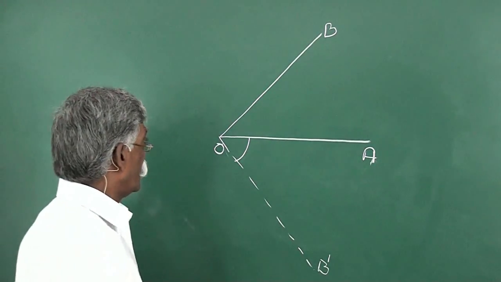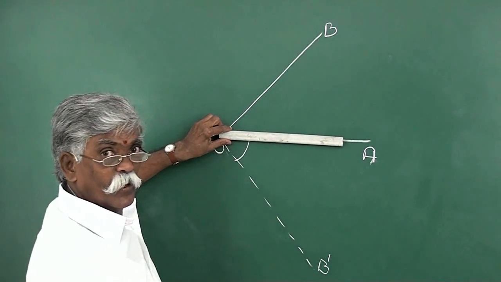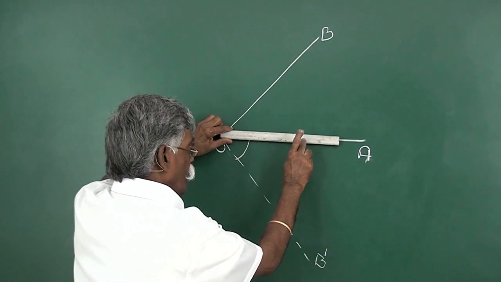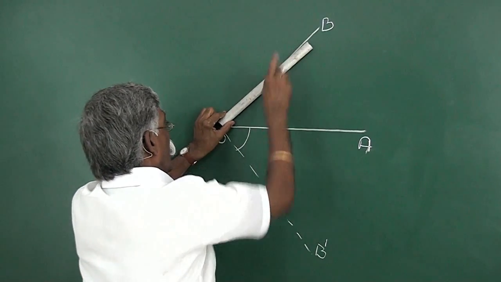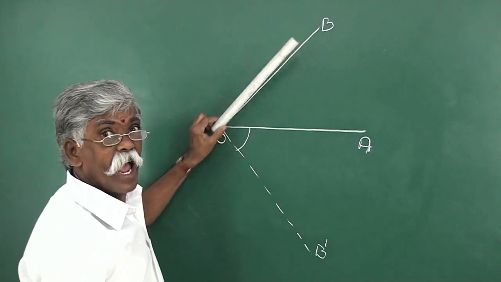In any way, the amount of rotation made by this straight line from one position to another position about a fixed point is called the angle.